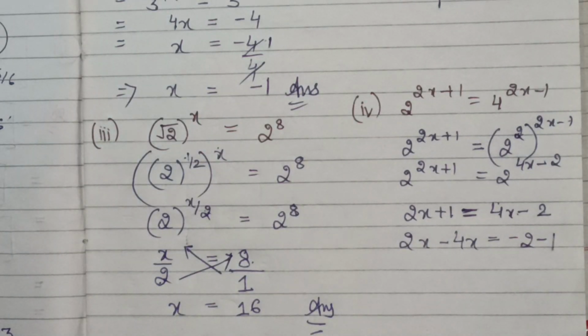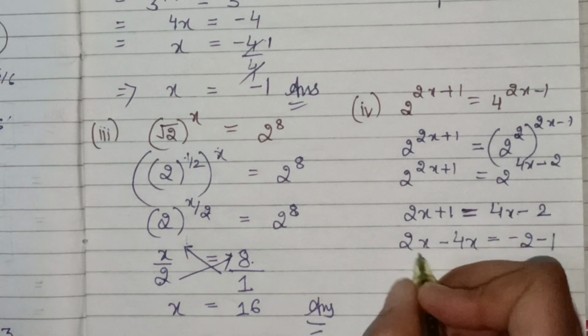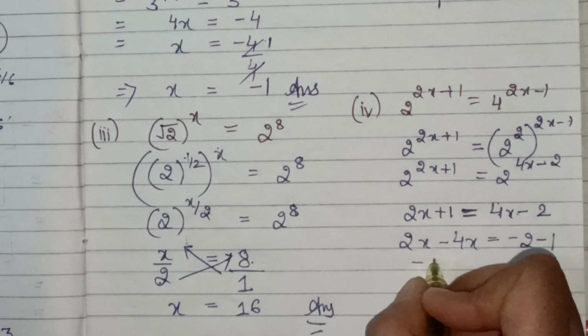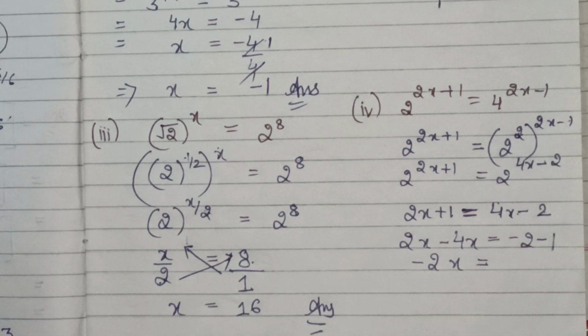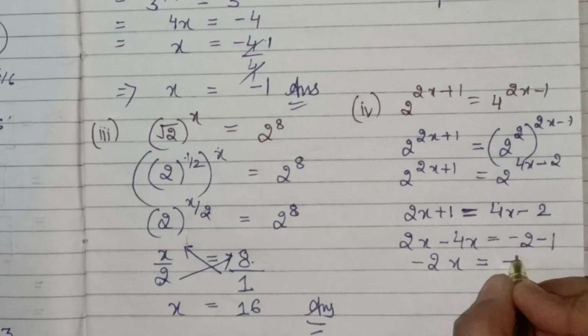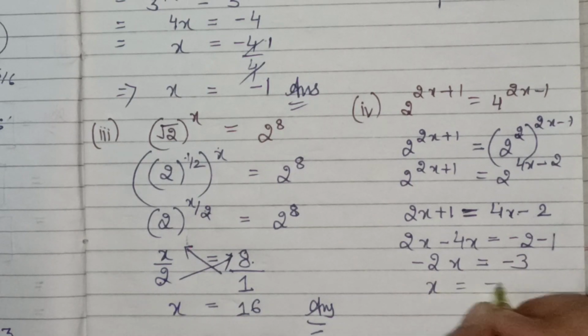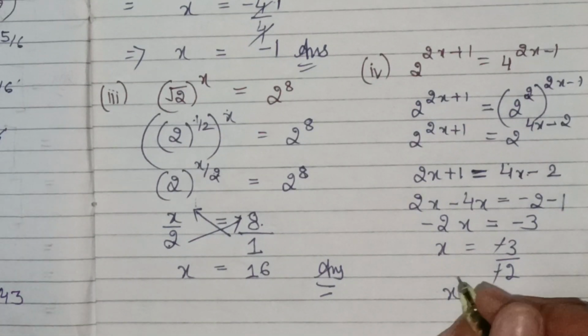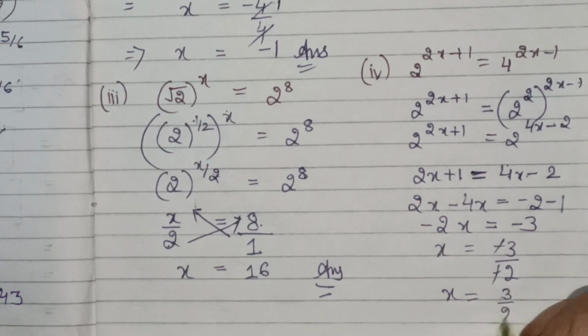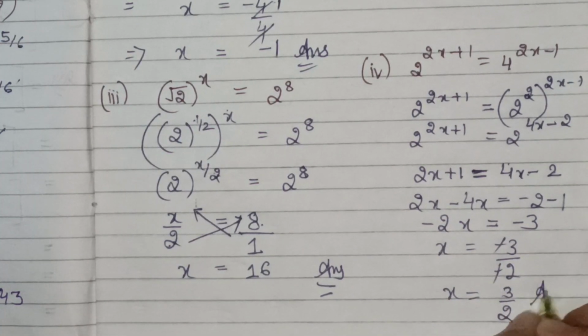By interchanging the side, the sign also changes. So 2x minus 4x is equal to minus 2x, and minus 2 minus 1 is minus 3. x is equal to minus 3 upon minus 2. This minus cuts this minus. So our answer is 3 upon 2 for this question.